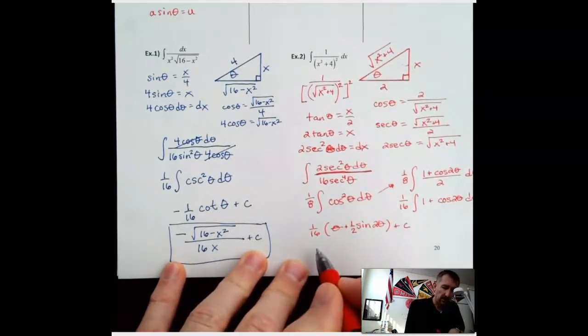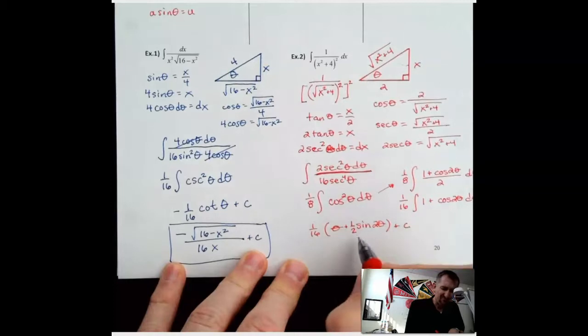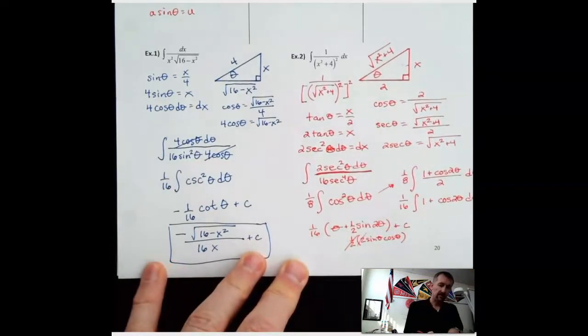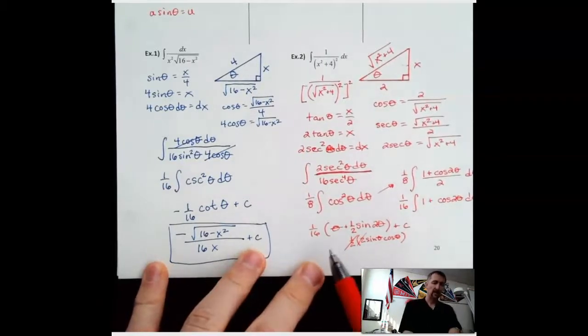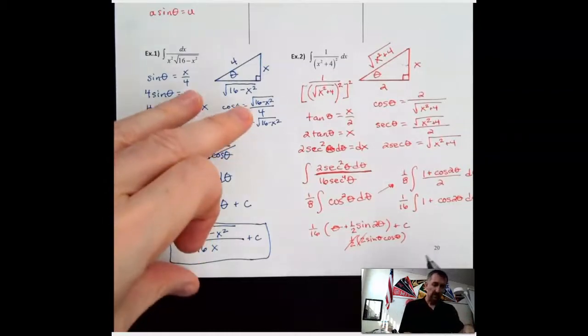Okay, but sine of 2 theta is 2 sine theta cosine theta, the double angle, and then the 1/2 will cancel out with that. So we've got 1/16 times theta times sine theta cosine theta plus C.